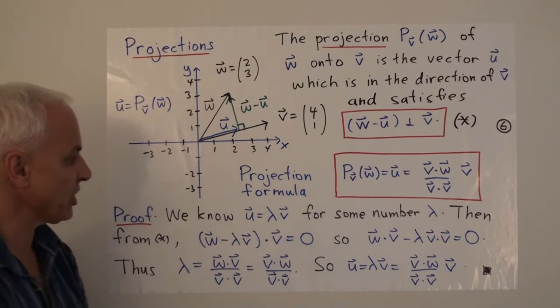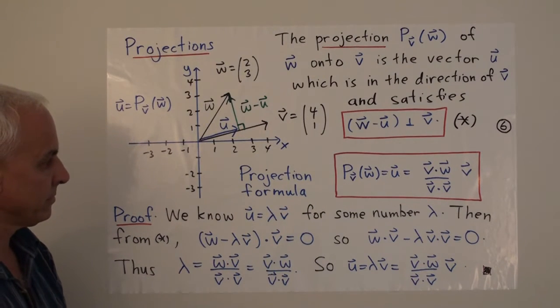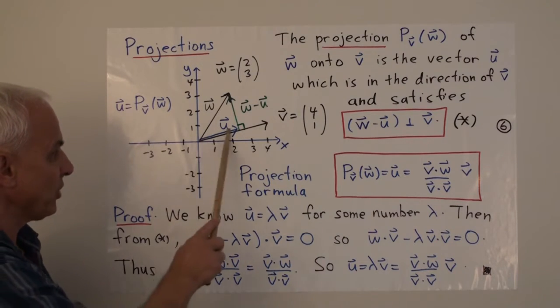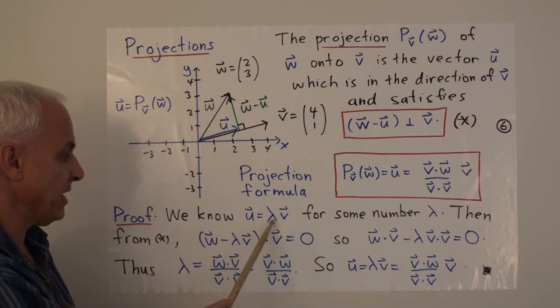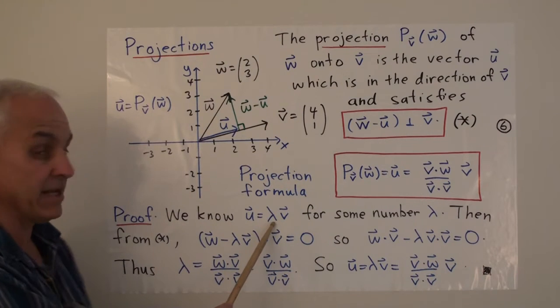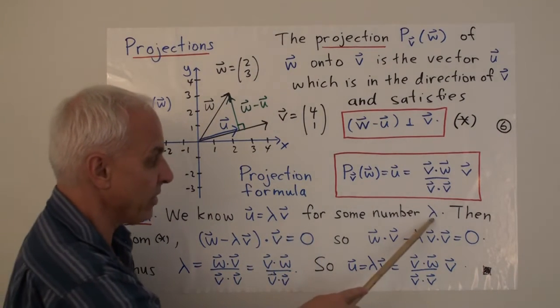All right, so let's prove this projection formula. We're looking for this vector U that satisfies these two conditions. And so we know that U has to be some multiple of V. So let's say lambda times V for some number lambda.